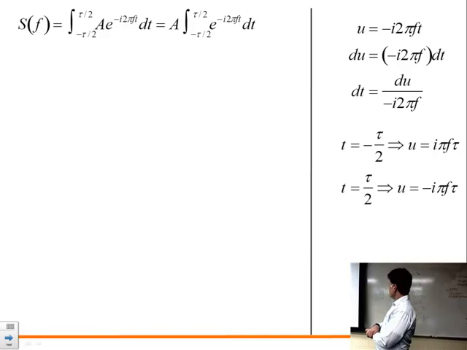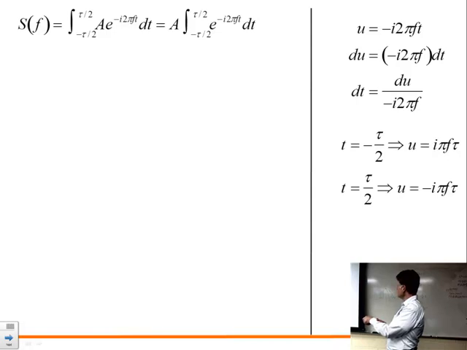So when I change these variables, as t goes from minus tau over 2 to plus tau over 2, what does u do? Well, if I plug minus tau over 2 in for t up here, and simplify, I get i pi f tau.